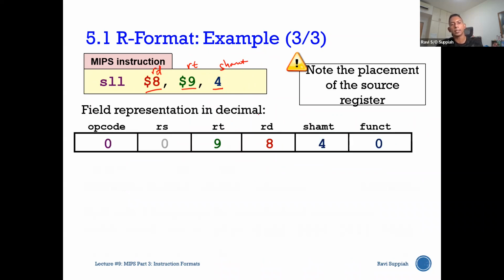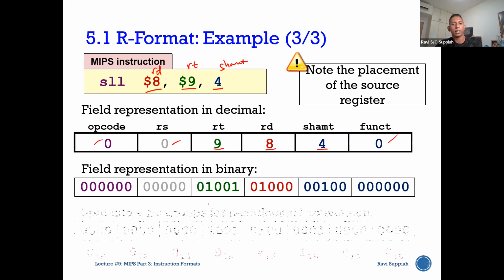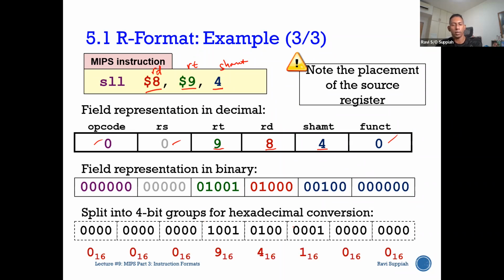So in this example, your RT is 9, your RD is 8, the shift amount is 4, and the opcode and function field are 0, like what we saw. Since RS is not used, RS is also 0. Once you have all of this, you just translate into binary, and from there you can get the actual encoding.